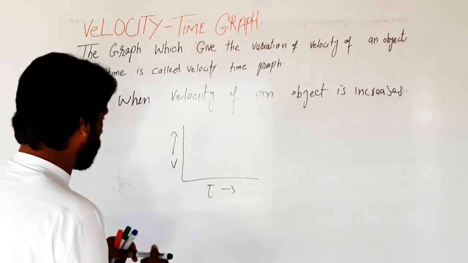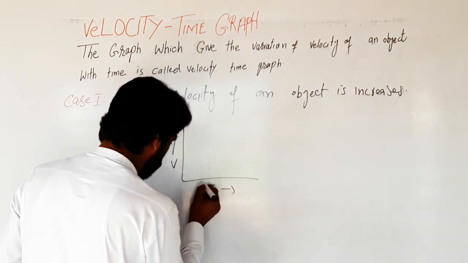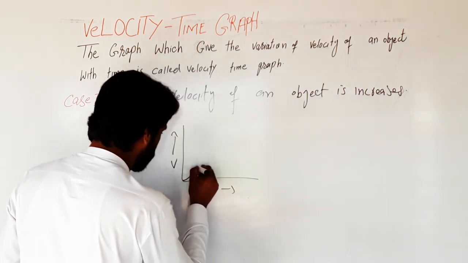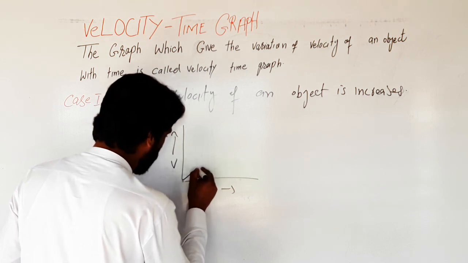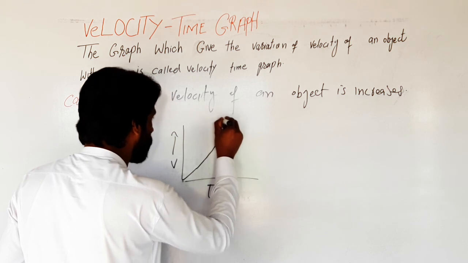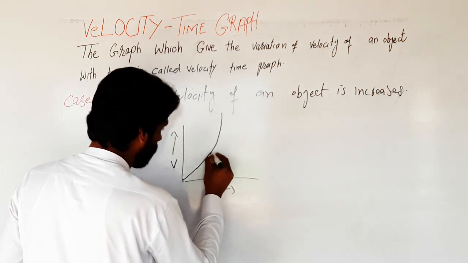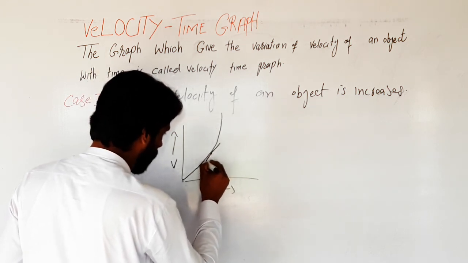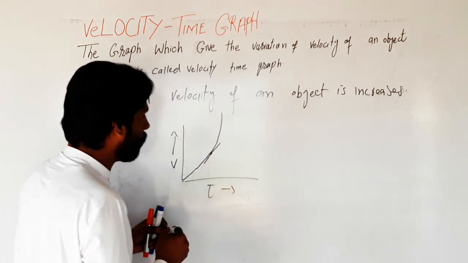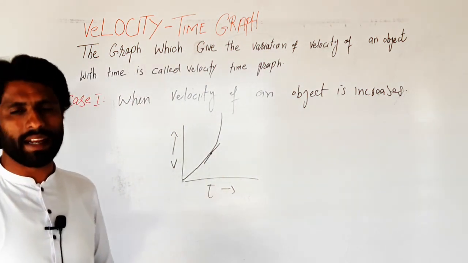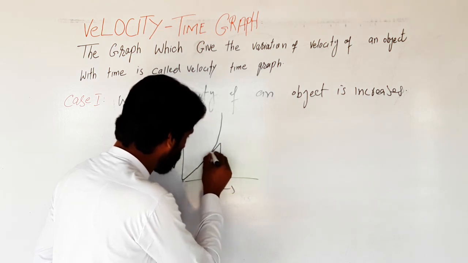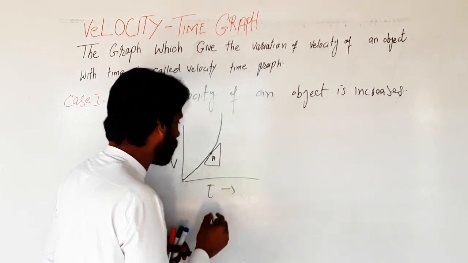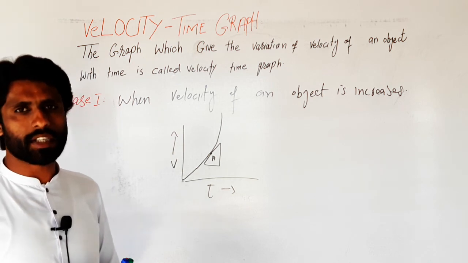At this stage, in the graph at the first second the velocity reaches here, and then increases further like this, and at this point we will find the instantaneous acceleration. This point A shows the instantaneous acceleration.